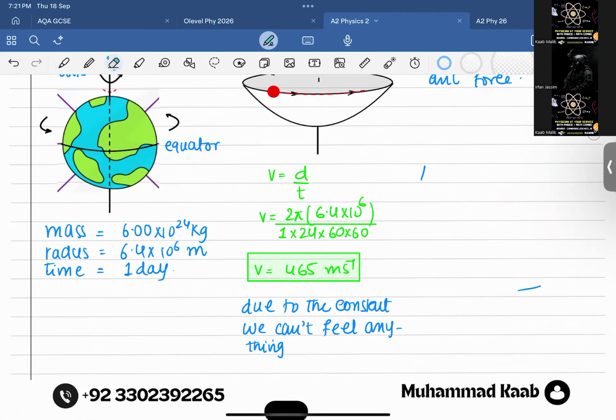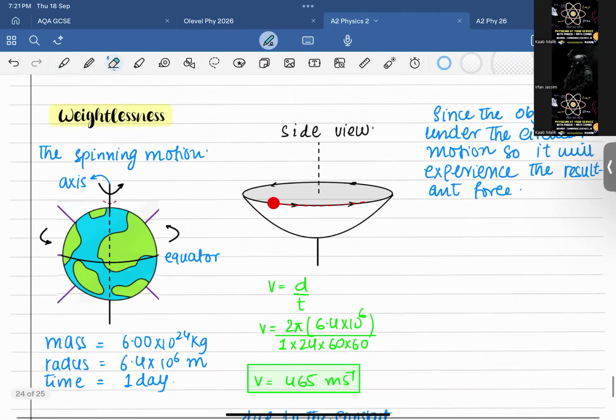So similarly, the effect of the circular motion at the pole is less than the effect of the circular motion at the equator, right? Clear?